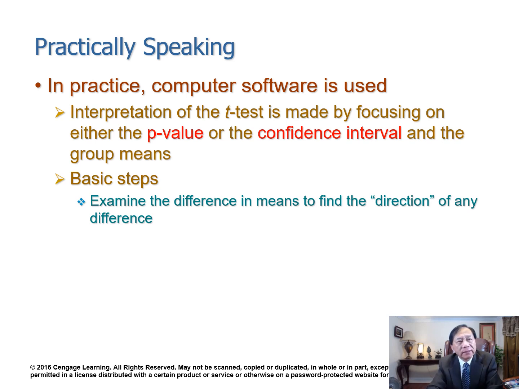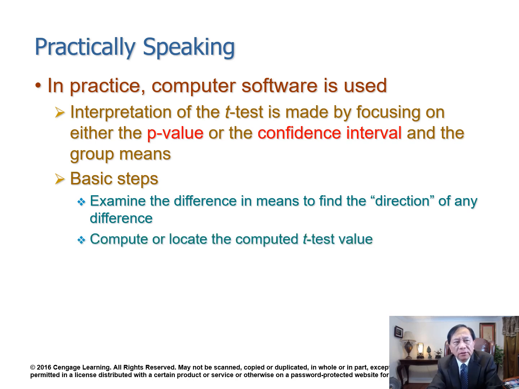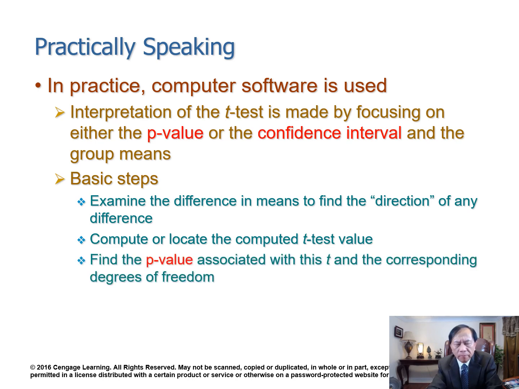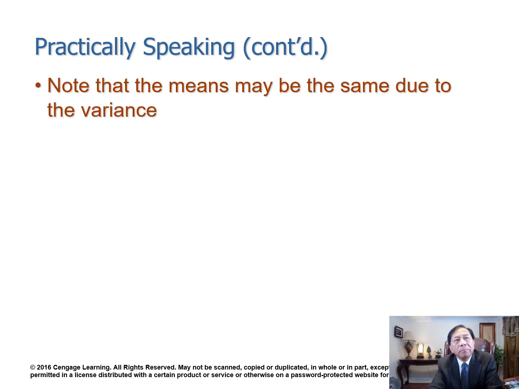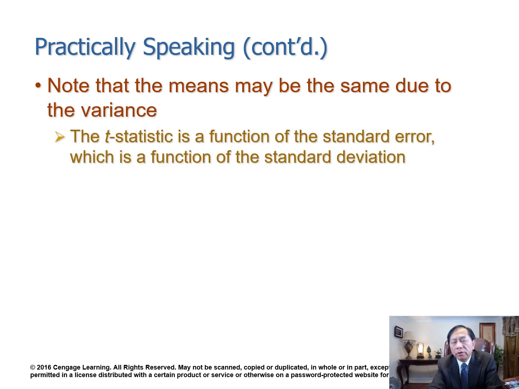So the basic steps here: you examine the difference in means to find the direction of any difference, then you locate the computed t-test value, and then you find the p-value associated with this t and the corresponding degrees of freedom. Okay. Note that the means may appear the same due to the variance.